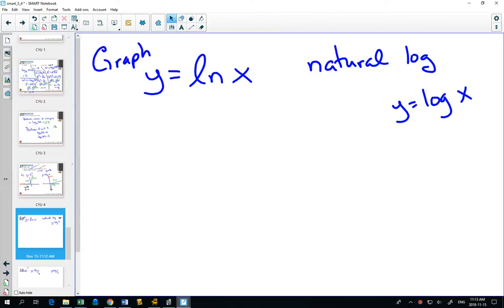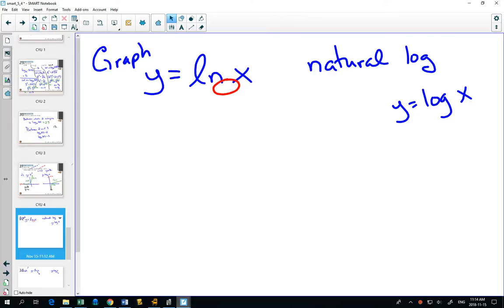Any guesses what the base might have been right here? No? Think special. Oh, that's pretty special, but not special enough. Yes. The base is e.